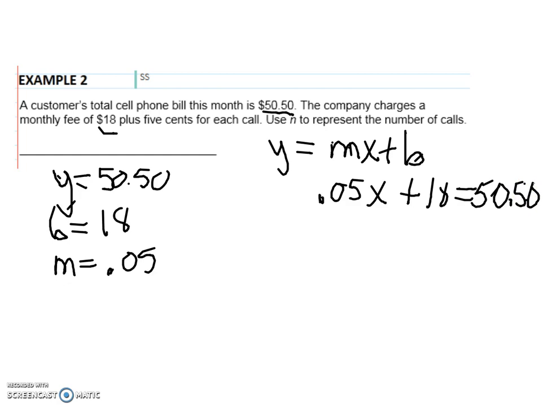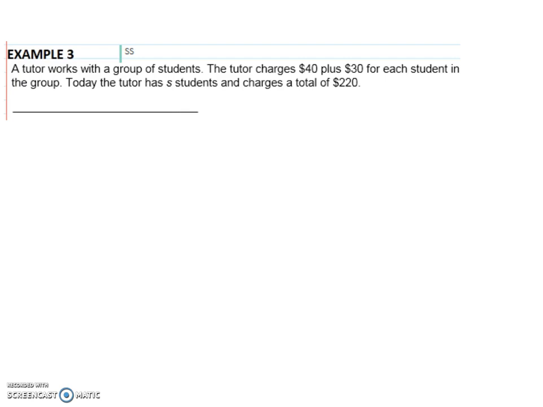All right, I'm not going to solve this one for you, but you will have to solve using SADMEG on your homework. All right, the last one I'm going to set up for you is example 3. It says a tutor works with a group of students. The tutor charges $40. The $40 is my flat one-time fee. Plus $30 for each student. My constant rate of change is my $30. And today the tutor group has S students and charges a total of $220.